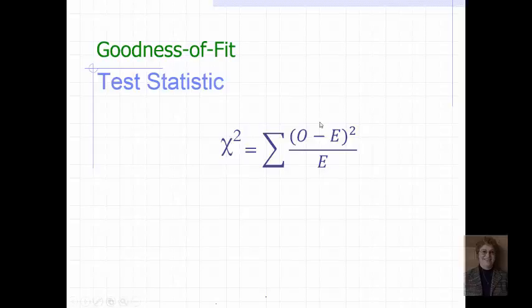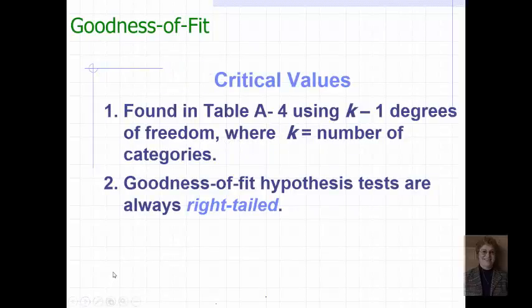So if your observed and your expected are far apart, your chi-squared statistic is large. If they're close together, your chi-squared statistic is small. Now you can find your critical values using Table A4 and use that to test, or we can find the p-values using StatCrunch. Our tests are always going to be right-tailed tests.